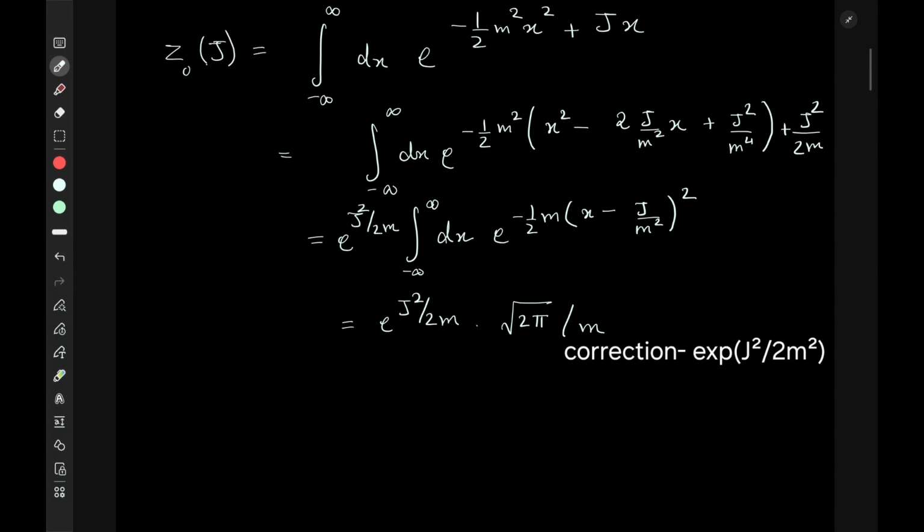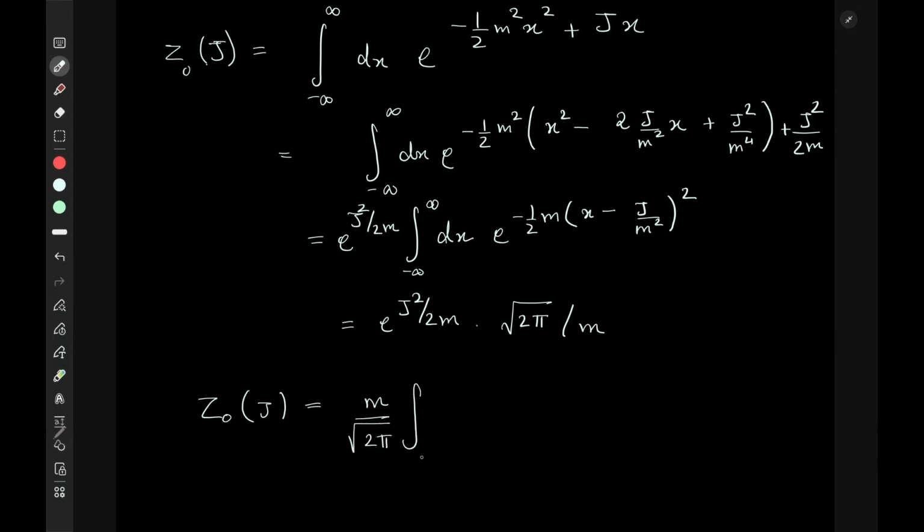So let me just consider a scaled version of this integral. Let me call that z0, and that would be m over root 2 pi times this integral that I wrote above. The reason is that the solution has root 2 pi over m in it, and if I rescale it with m over root 2 pi, that would cancel out at the end.